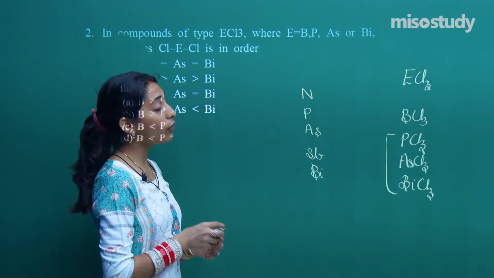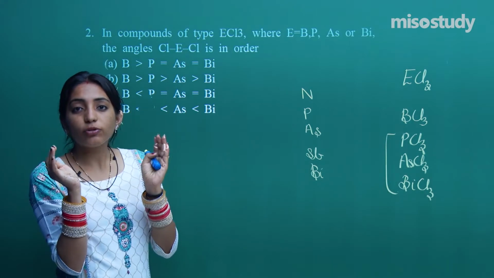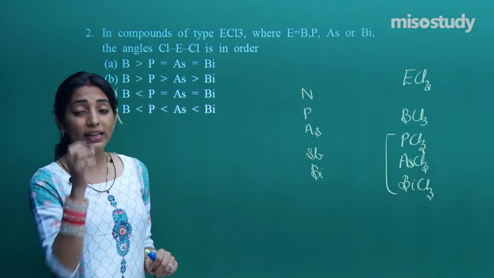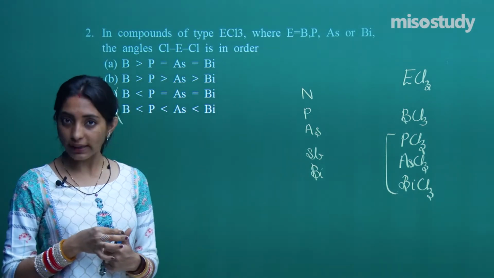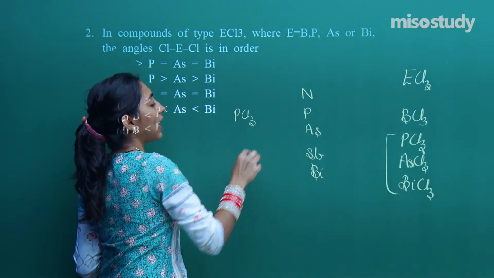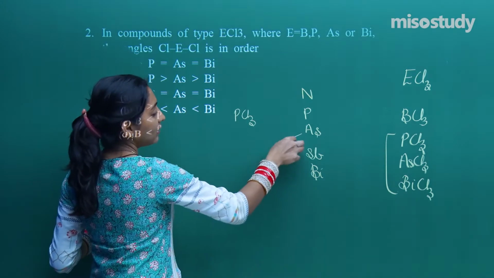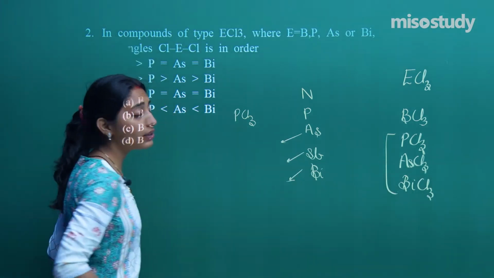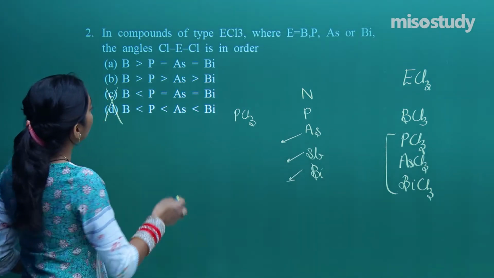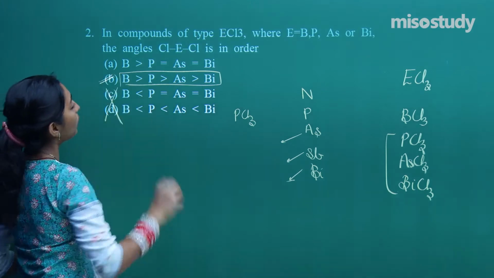We know that when you go down the group, the central atom becomes bigger and bigger. Now the side atoms can easily arrange and there will be less hybridization taking place. So the PCl3 so formed will be nicely hybridized and will have a higher bond angle. But in the case of AsCl3, SbCl3, BiCl3, there is a little less hybridization, so the bond angle will also not be too high. So we will say boron will be greater than phosphorus, greater than arsenic, greater than bismuth.